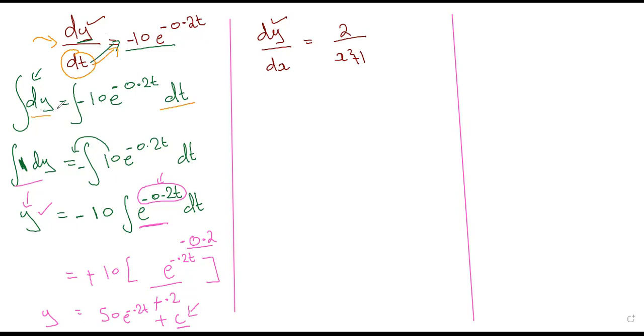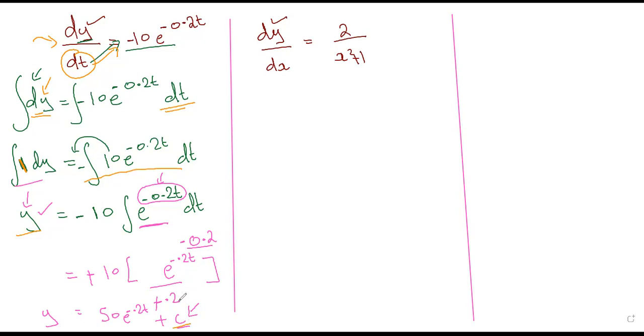Now we have to integrate both sides. This side would be integrated with respect to y and this with respect to t. So for this we get y, and for this obviously it would be different for every question, so we have to integrate it accordingly, and the c would come once at the end, right? Are you clear with this?